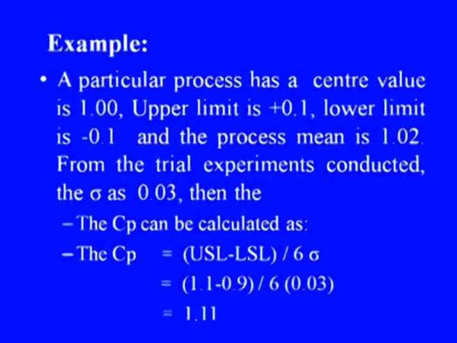From the trial experiments conducted, the sigma is obtained to be 0.03. Then the Cp can be calculated as Cp equal to upper specification limit minus lower specification limit divided by 6 sigma, which comes out to be, using these values just now mentioned, 1.11.